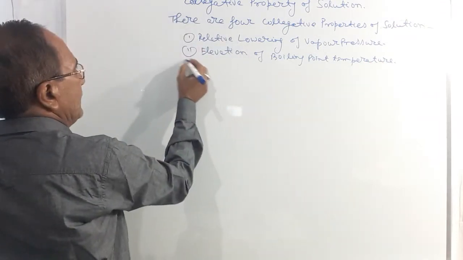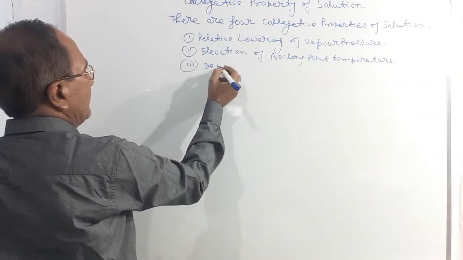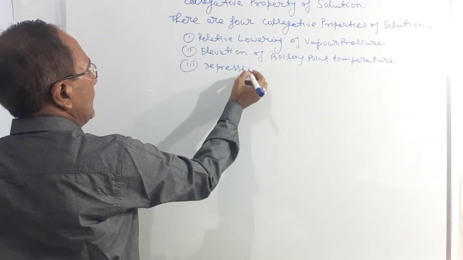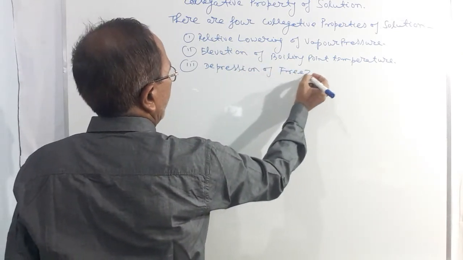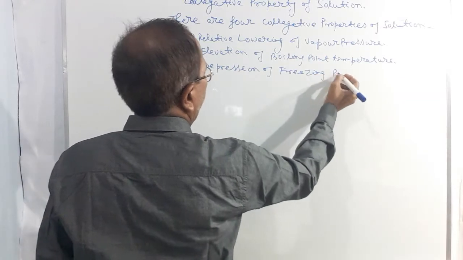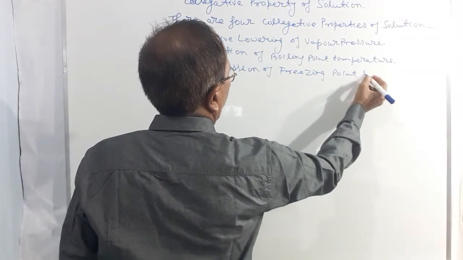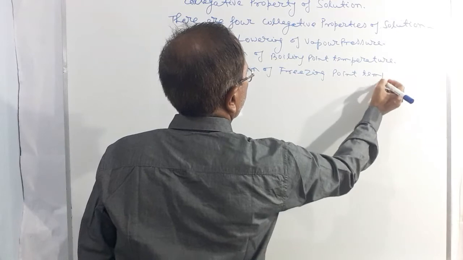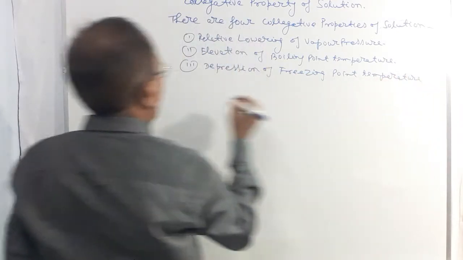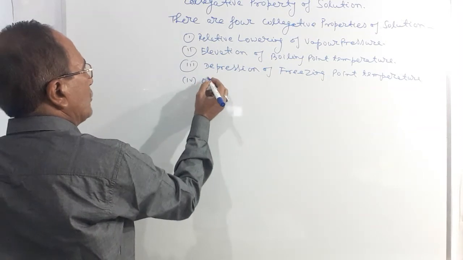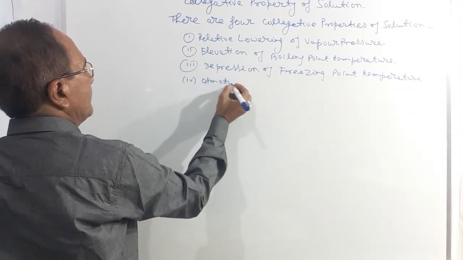Third is depression of freezing point temperature. And fourth is osmotic pressure.